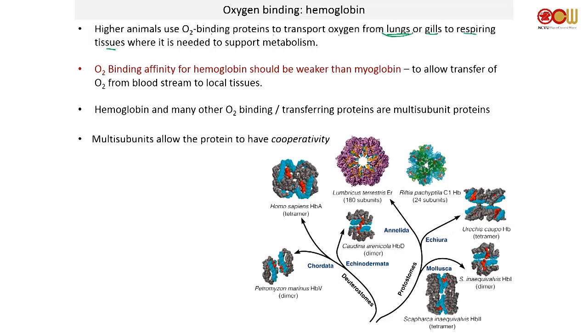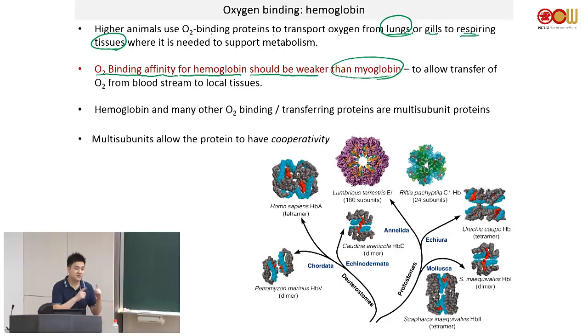So we'll have to go from lungs to tissues. Now, what that means is the O2 binding affinity for hemoglobin should be weaker than myoglobin. Why is that? Because myoglobin is the O2 carrier inside of your tissue. So if hemoglobin has a stronger affinity, then hemoglobin will take away oxygen from your tissue.